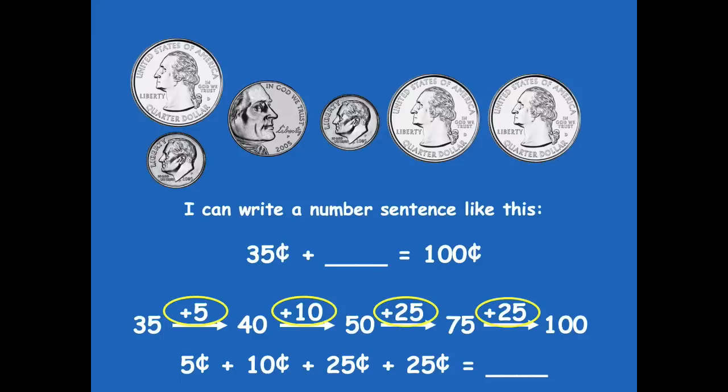So I don't know about you guys, but when I look at that, I add my 2 quarters first because I know that 2 quarters is 50 cents. And 50 cents plus 10 cents is 60 cents, plus 5 more cents is 65 cents. So I kind of did it a little bit backwards, but it doesn't matter. You can do that with addition.